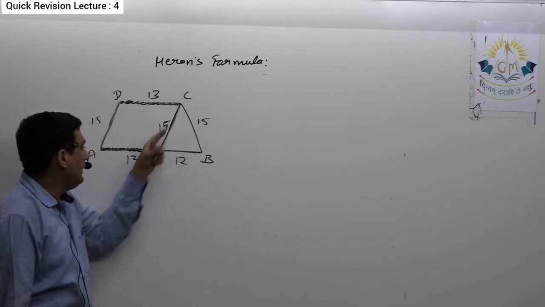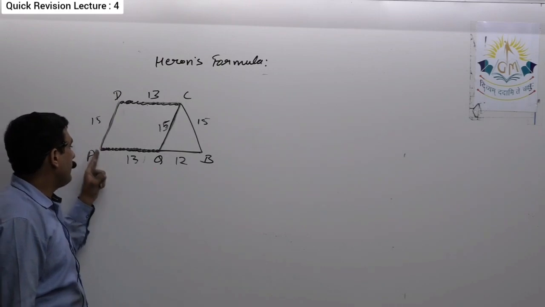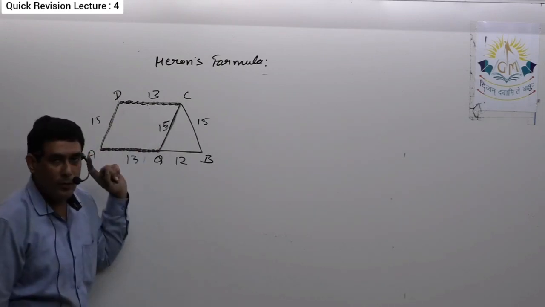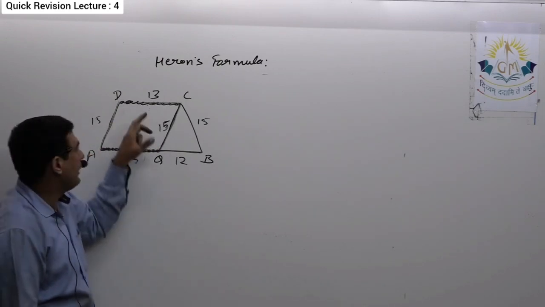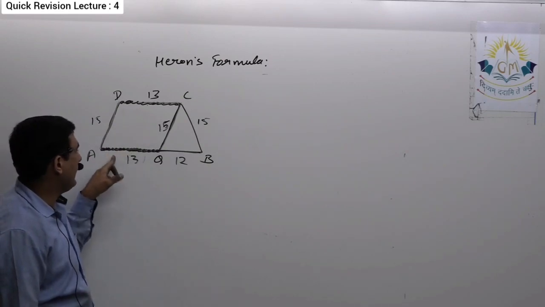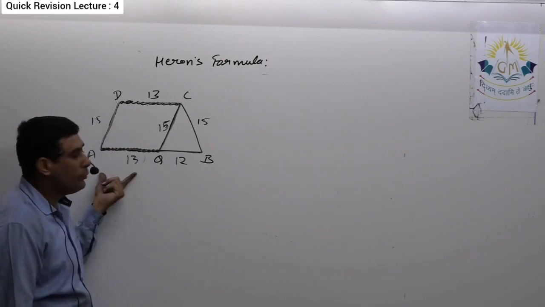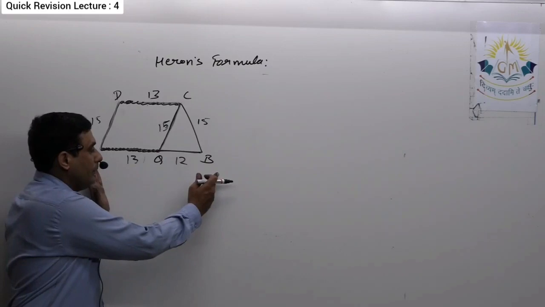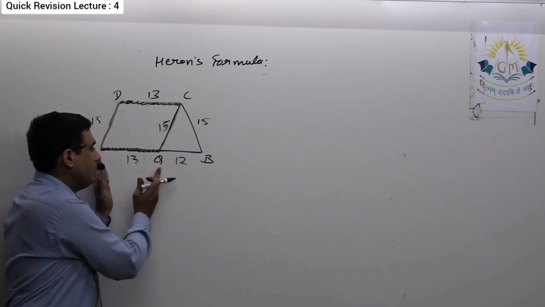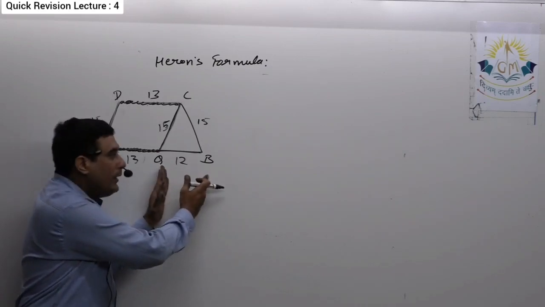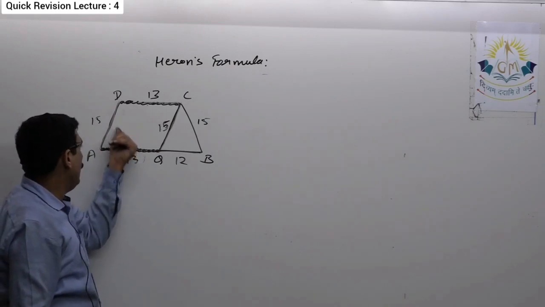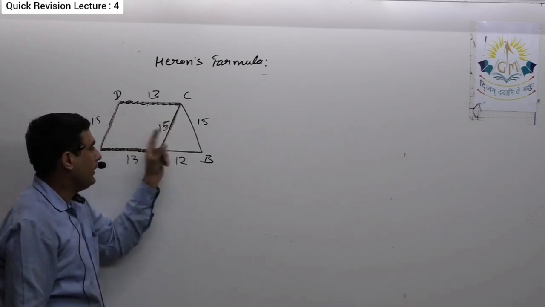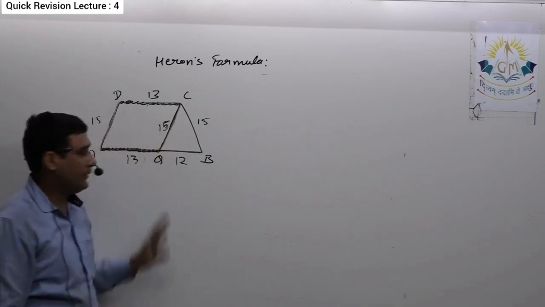I took CQ parallel to DA, which makes AQCD a parallelogram. As soon as I got a parallelogram, I took DC equal to AQ. So DC is 13, so AQ becomes 13. Now this complete length was 25, this much is 13, so obviously the remaining will be 12. Also AD equal to CQ because it's a parallelogram, so this is 15.